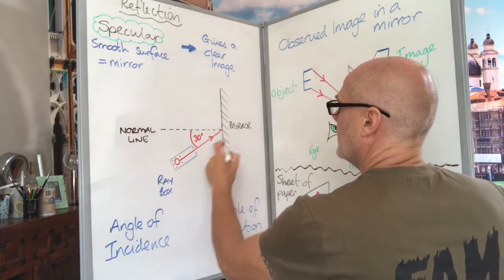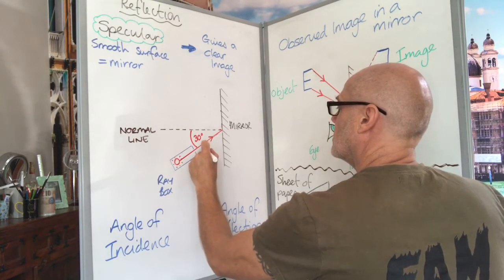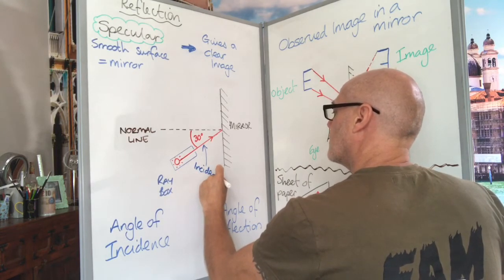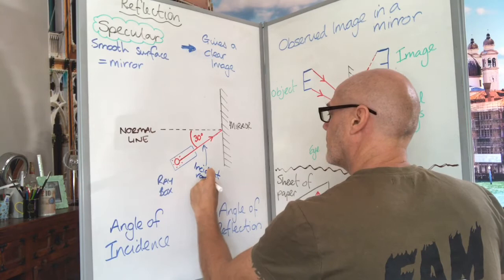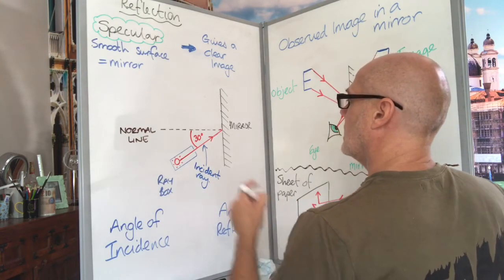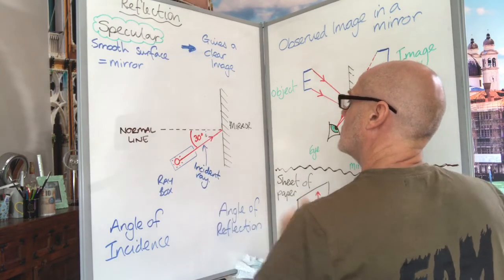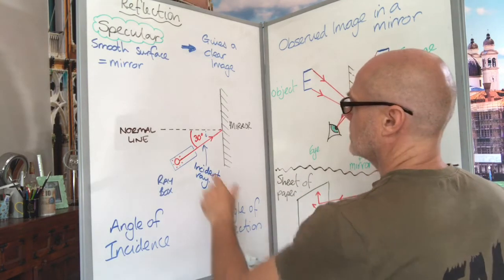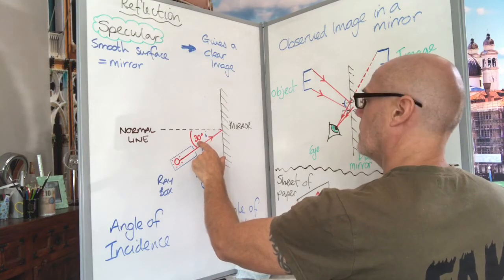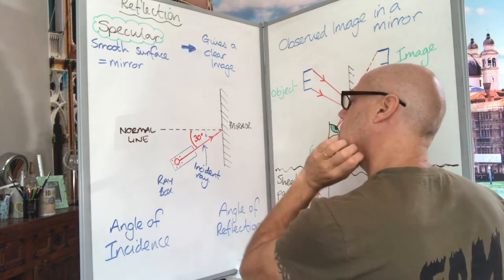This ray of light is known as the incident ray. Okay, and sometimes you'll see a little i used for that angle, but when we measure it, we actually have a figure there that we could put in our results table.